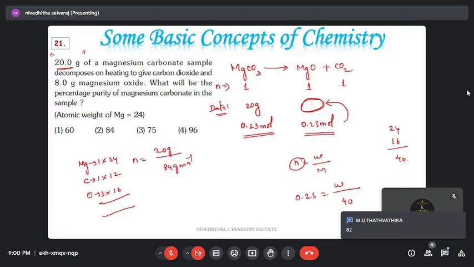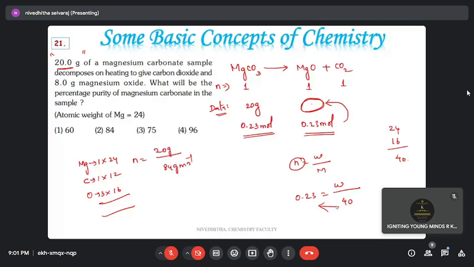Can you please calculate and tell me how many grams of magnesium oxide will form? You have to cross multiply 0.23 and 40. Approximately? Approximately it is 8, ma'am. You're multiplying 0.23 with 40, right?